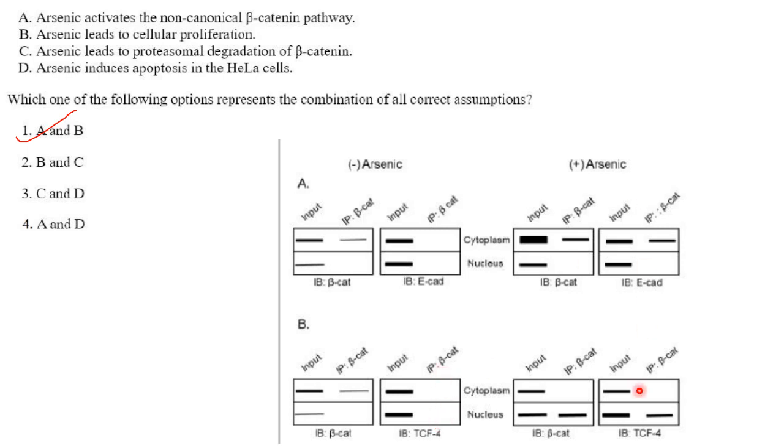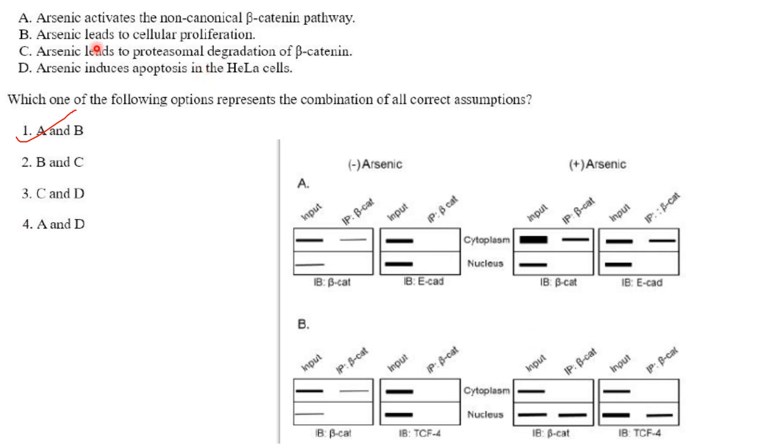But in arsenic plus condition, TCF4 is showing the beta-catenin band. Why? Because it shows that beta-catenin got localized to the nucleus and it got bound to TCF4. That is why beta-catenin band is seen in TCF4 immunoblot showing co-immunoprecipitation. And this results in cellular proliferation. That is what diagram I have showed earlier. So arsenic stimulates WNT signaling pathway and also E-cadherin is stimulated. So it acts on the non-canonical pathway.